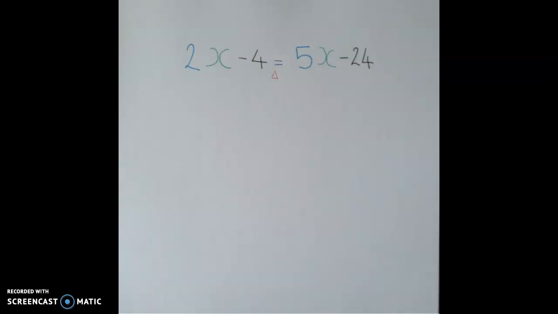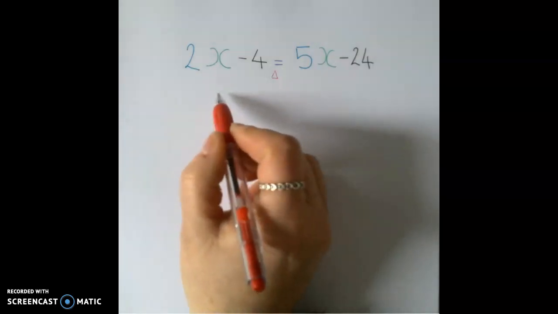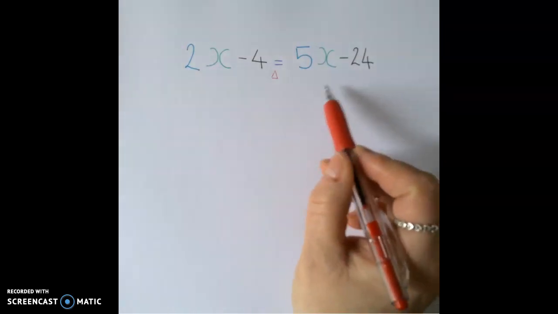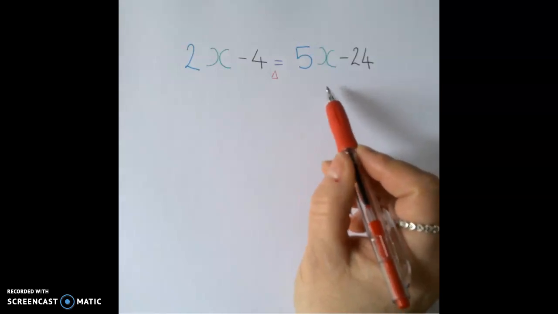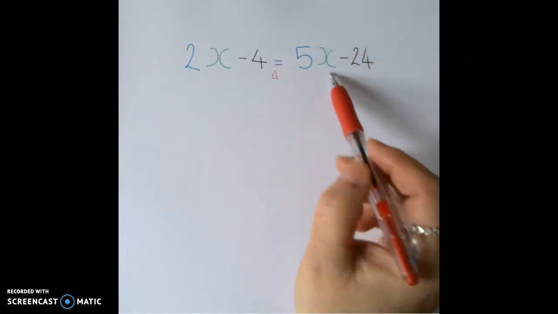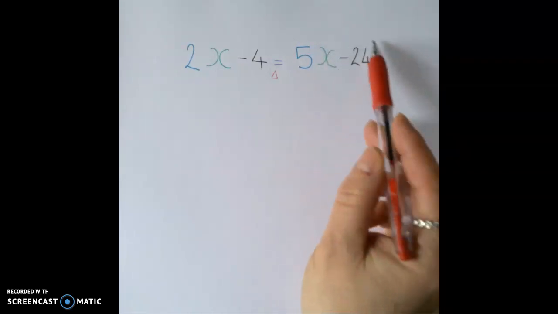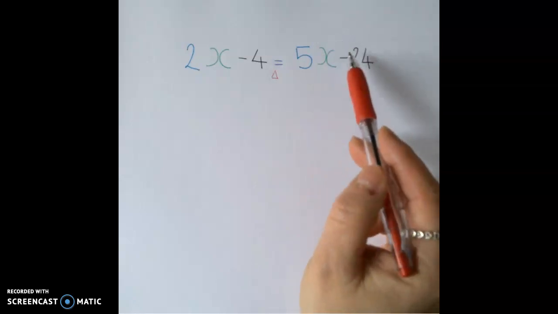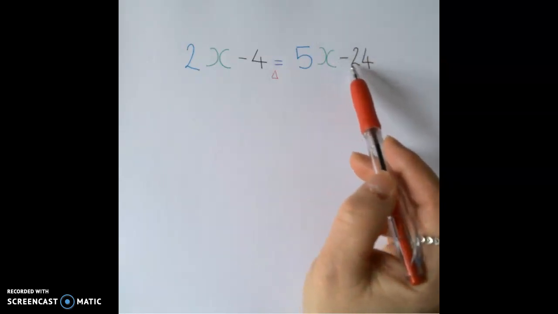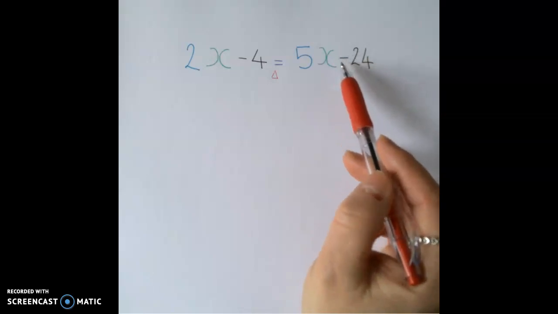So what I'm going to do is start by moving my numbers. I think that would probably be easiest to start with. So I'm going to put my numbers on this side and my variables, my x's, on this side. To get rid of this 24 from this side, this is a negative number, so it's minus 24.